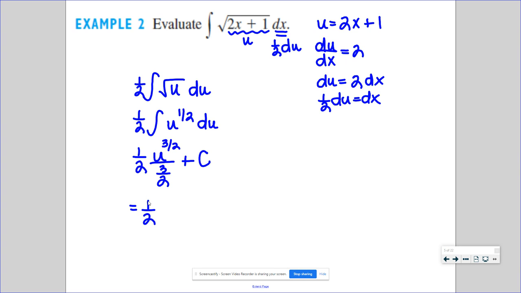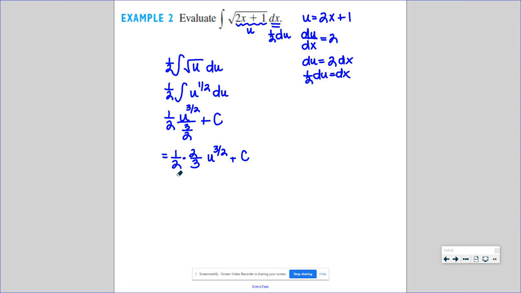And then remember, dividing by a fraction is the same as multiplying by its reciprocal. It's probably a little bit easier to solve that way. So we are going to end up with 1/3 u to the 3/2 power plus c. And then don't forget the last step is to plug back in whatever you made u. There's your final answer.